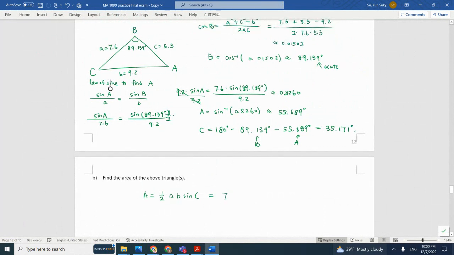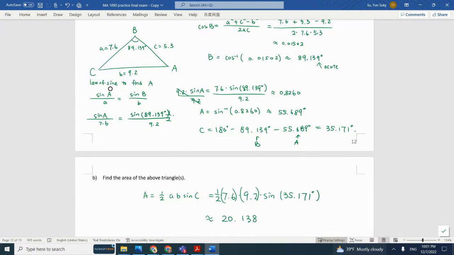So, okay, a is what? 7.6, 1/2 times 7.6, b is 9.2 times sine C. C is 35.171 degrees. So put that in your calculator. You get 20.138.